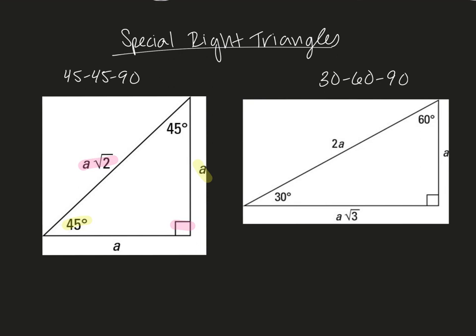If we go over to the 30, 60, 90, across from the 90 degree angle, which is the biggest angle in the triangle, we have the biggest side length, which is 2A. The smallest angle is 30 degrees, and the one opposite of that is just A. And then the medium angle, 60 degrees, is the medium measurement, which is A root 3.